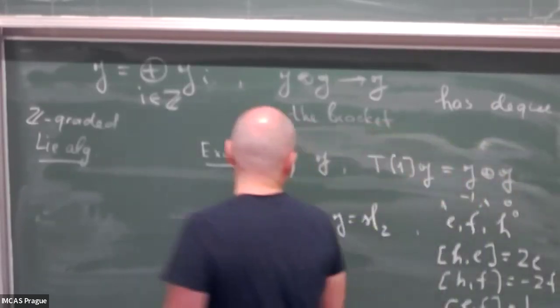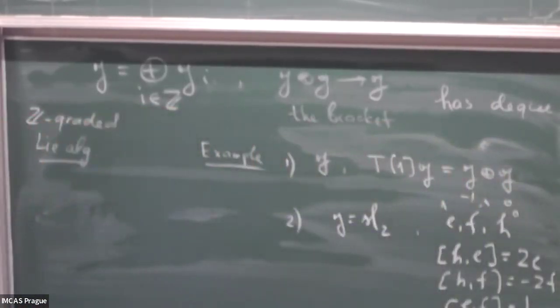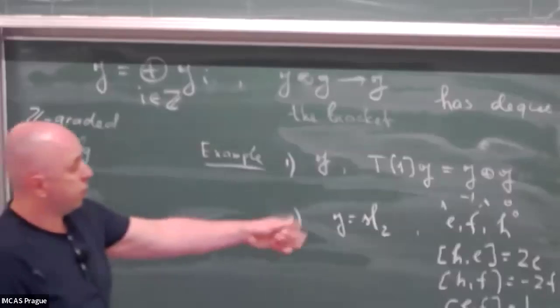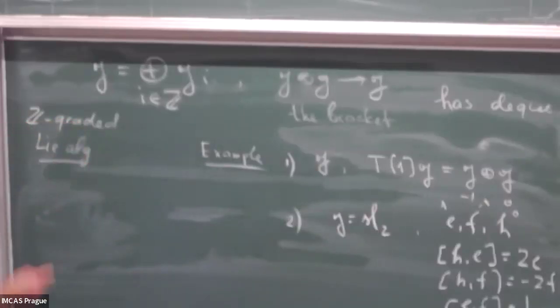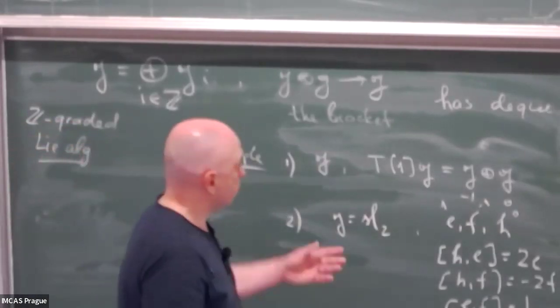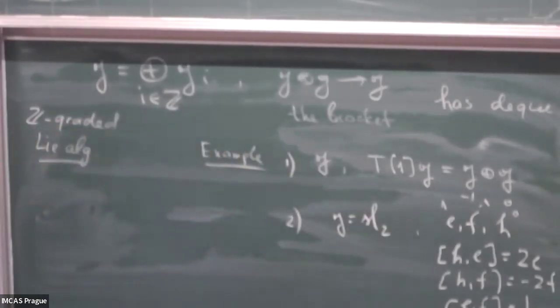What we get is a Z-graded Lie algebra. There are also all simple algebras used in differential geometry, they're naturally Z-graded, and they're even. But there are also super versions of them.